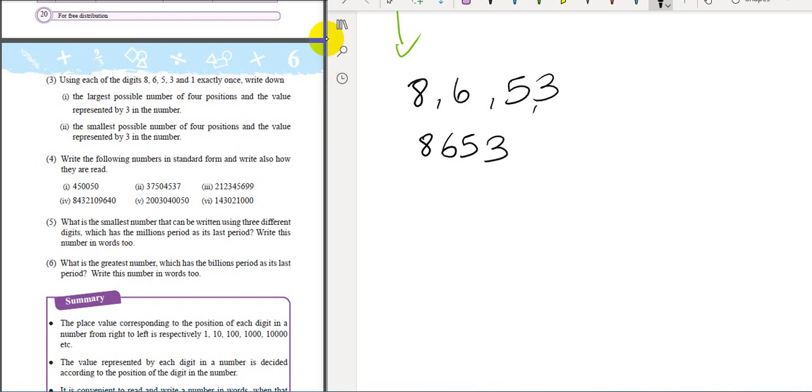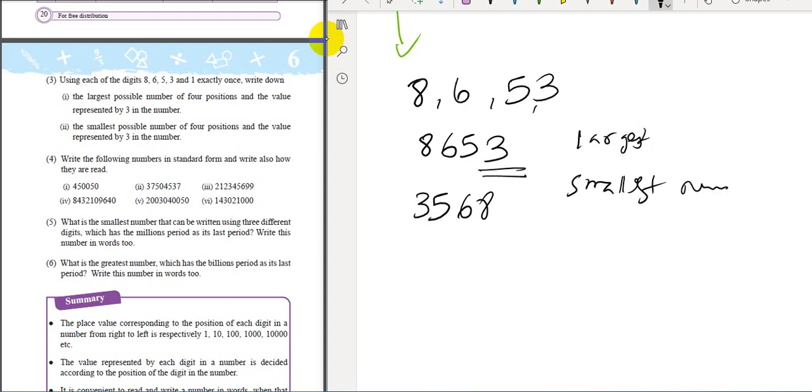Okay, the smallest number is 3,568. This is the largest number and this is the smallest number. Okay, what is the value of this 3 in the smallest number? Ones. What about this 3? Ones, tens, hundreds and thousands. 3,000. Okay.